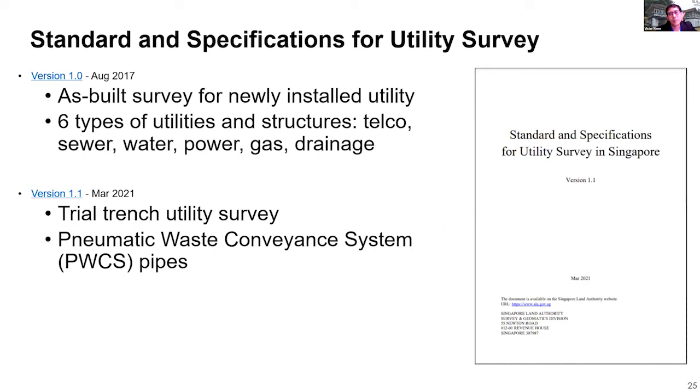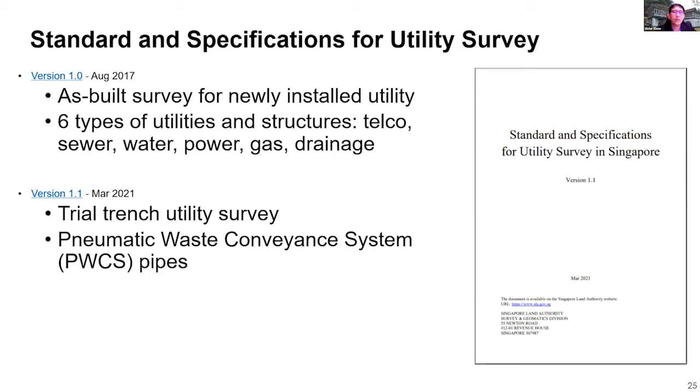One important bedrock in this work to ensure the quality is really about the standards and specification for utility survey. So we started these standards in 2017, and the standards basically is a living document. When we started, we were focusing on the newly installed as-built datasets, for the 6 types of utility that we have in Singapore.